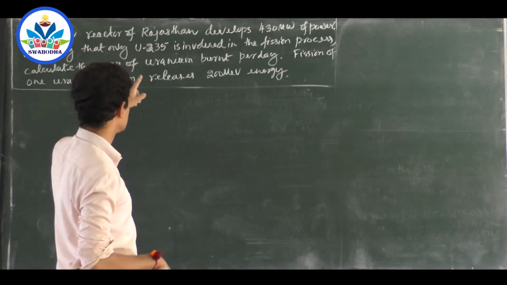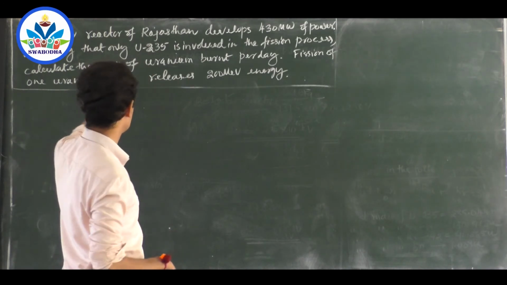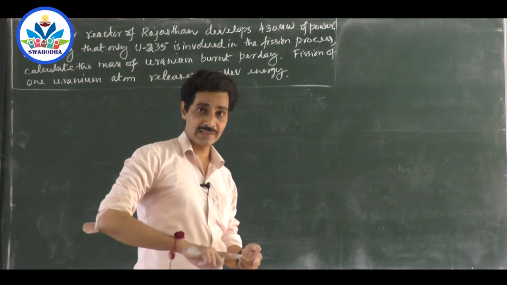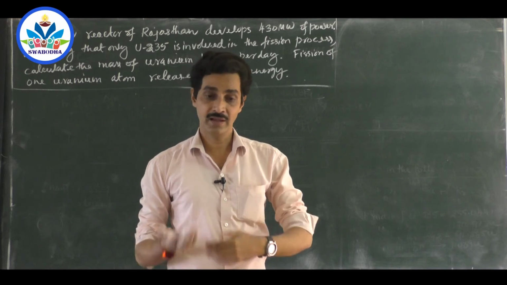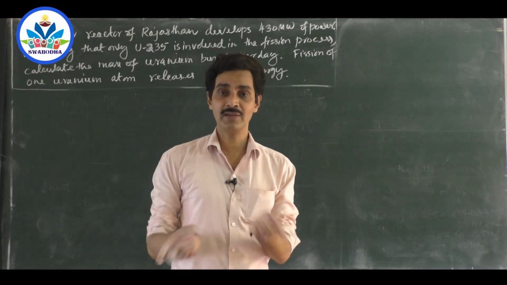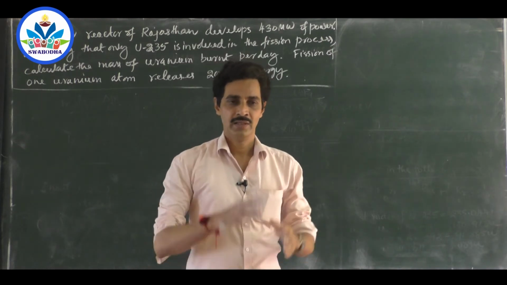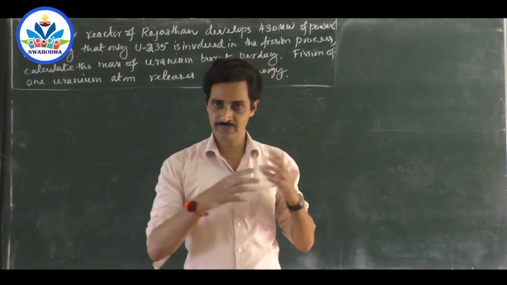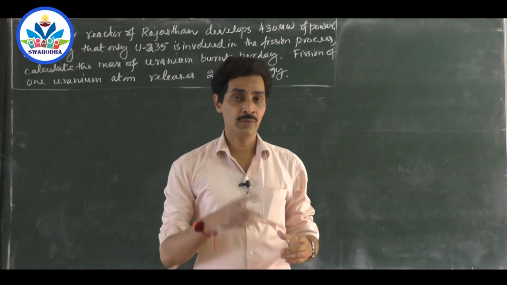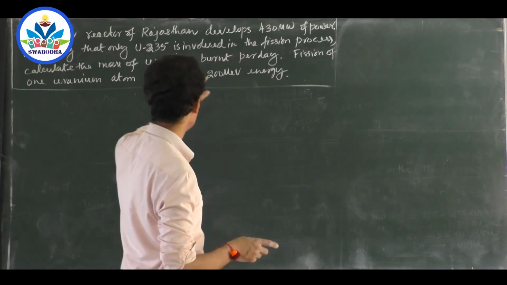How much mass of uranium is burnt per day? That means you have to calculate the mass. Last time mass was given, you were asked to find out the total energy released. Now energy is given, you have to find out the mass. Reverse case, simply reverse. You take the total energy, and that energy makes how many fissions? Because you know what is the energy for one fission. It is given here, right?